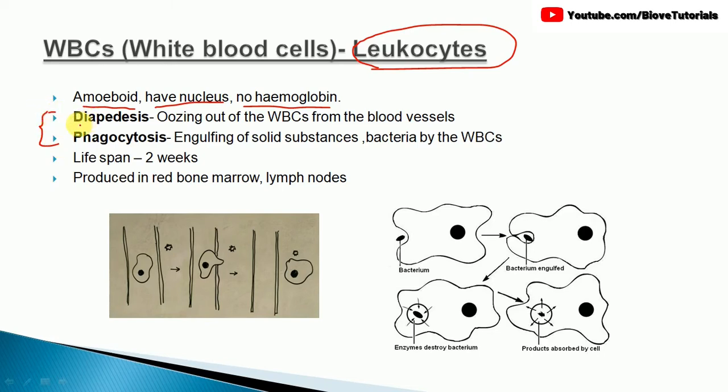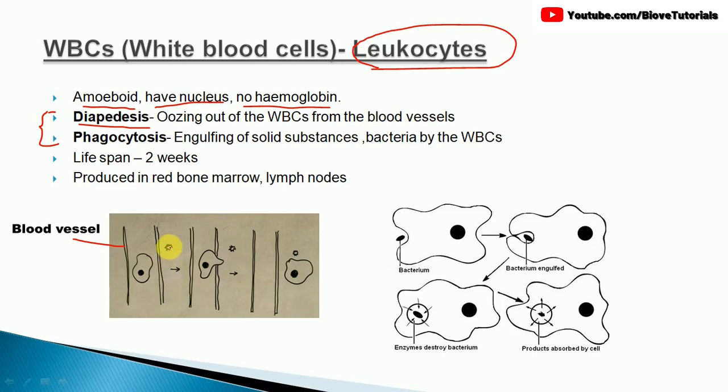WBCs perform a function which is called diapedesis. Diapedesis is the oozing out of WBC from the blood vessels. Let us suppose, take an example, this is a blood vessel and this is a WBC. The main function of WBC is to engulf any foreign substance or any bacteria which is present in our body.